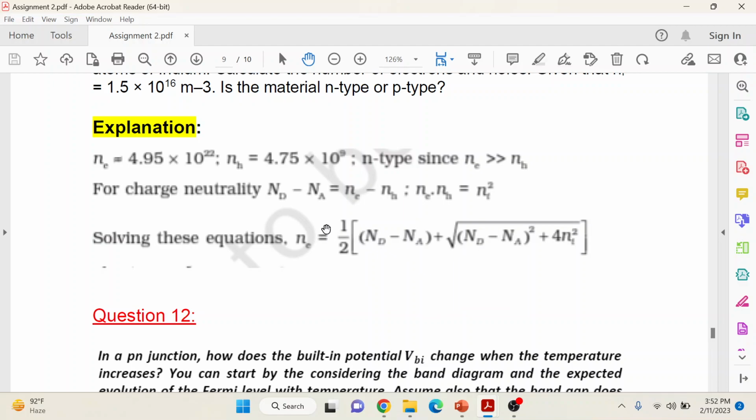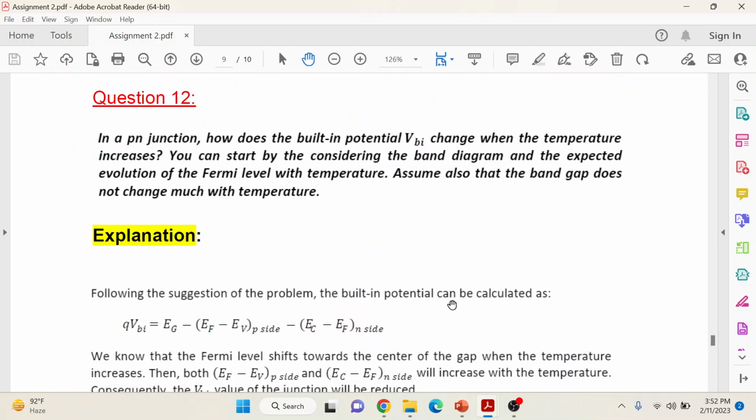For charge neutrality, Ne minus Nh, that is Ne · Nh equal to ni squared. Solving this equation, we can say that Ne is equal to 1/2 times (Nd minus Na plus the root of (Nd minus Na) whole square plus 4 ni square). From here we can calculate the number of electrons, and we see that the number of electrons is greater than the number of holes. This is an n-type material.